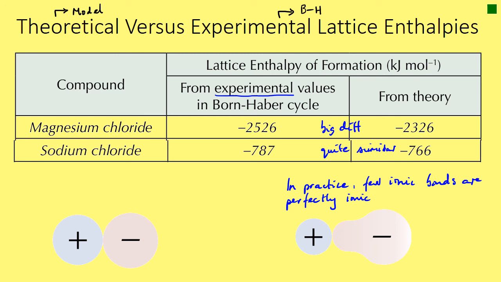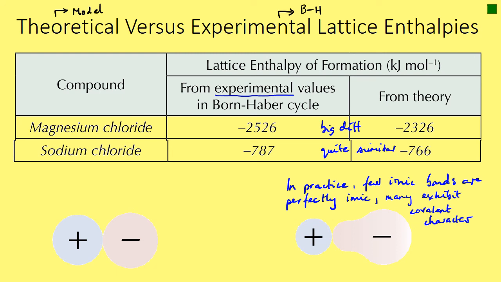So in practice, few ionic bonds are perfectly ionic; many exhibit covalent character. That covalent character is illustrated by that negative charge cloud being attracted to the cation here.